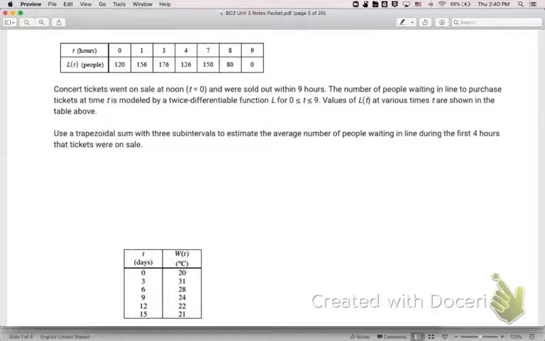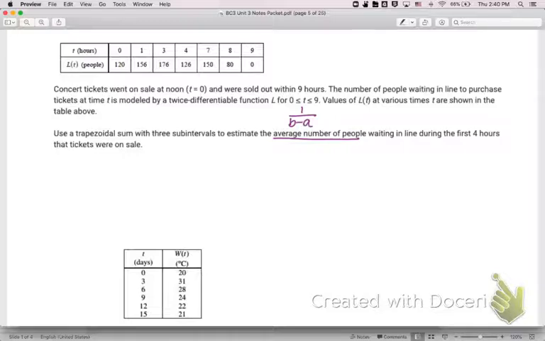We know how these work, but it says use a trapezoidal sum with 3 subintervals to estimate the average number of people waiting in line during the first 4 hours that tickets were on sale. Now, we haven't reviewed this specifically yet, but if you recall, when we talk about average value, you have to multiply your integral times 1 over b minus a.